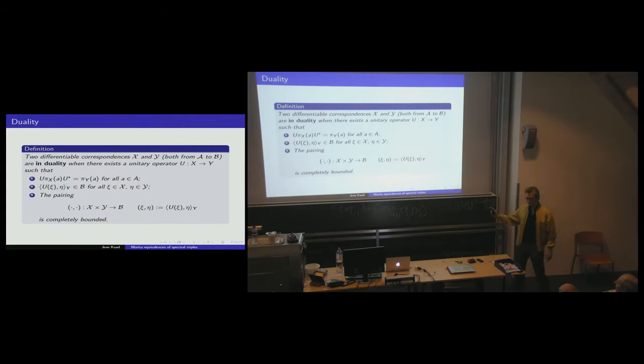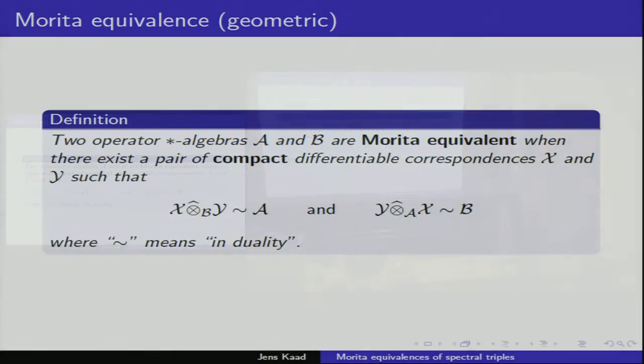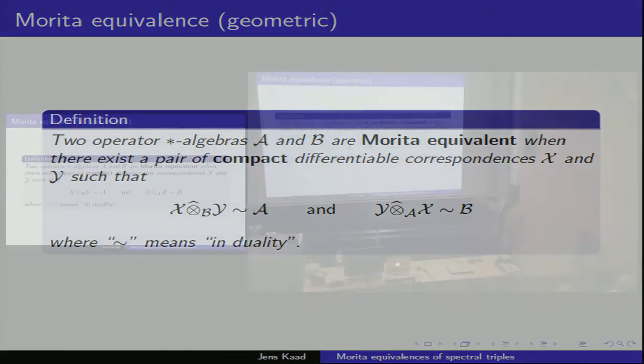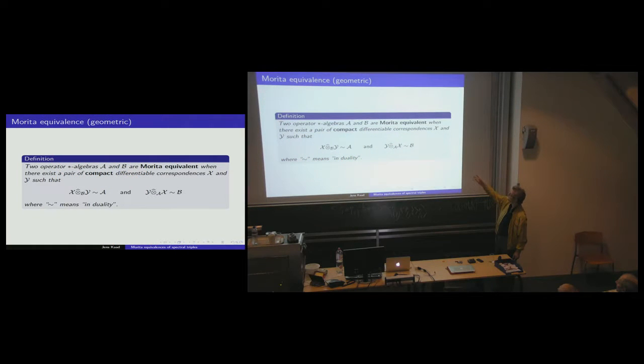Okay, so now we are finally ready. So what does it mean for two operator algebras to be Morita equivalent? Okay, it means that you have a differentiable correspondence X from A to B and Y from B to A. And okay, they have to be compact.